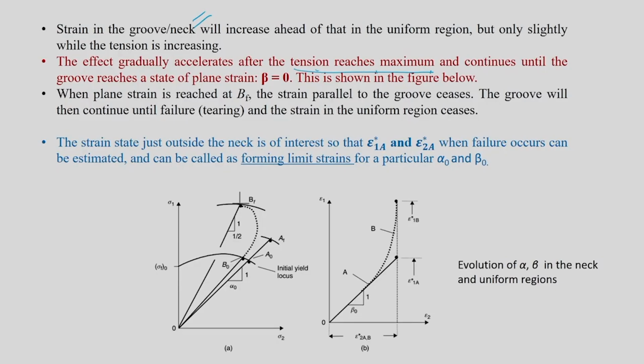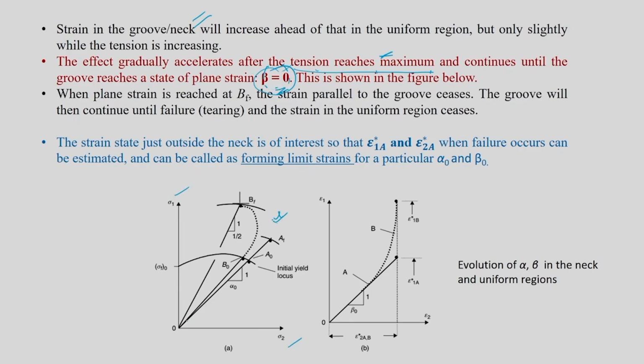So, the growth of epsilon 1 in the uniform region and in the neck or groove region: that difference is going to accelerate, and if it reaches a maximum tension and continues till the groove reaches a state of plane strain, beta equal to 0, which is what is shown in this particular figure. It is the same figure, a plot between sigma 1 and sigma 2.